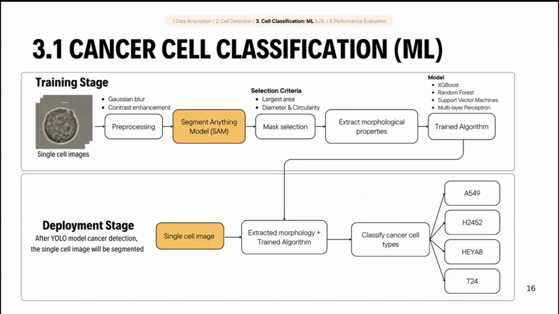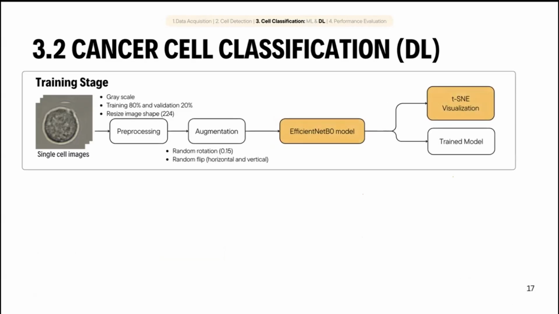And another algorithm is cancer cell classification by deep learning model. First, the images are preprocessed with grayscale, resized, and divided into training and validation. We also add the augmentation to increase the size of training and prevent overfitting. And we choose EfficientNet B0 as it's widely used for ImageNet, for its balance, efficiency, scalability, state-of-the-art performance, and transfer learning capabilities.